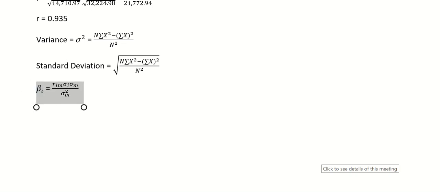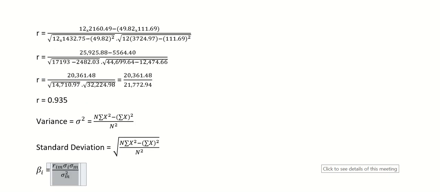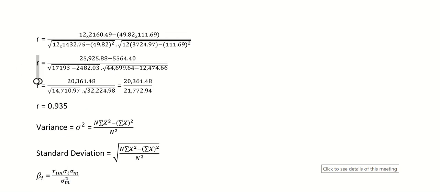Here beta I is the beta of the security, like beta I is the beta of ITC, right? And RIM stands for the correlation of the individual security with the market security. This is what we calculated earlier.